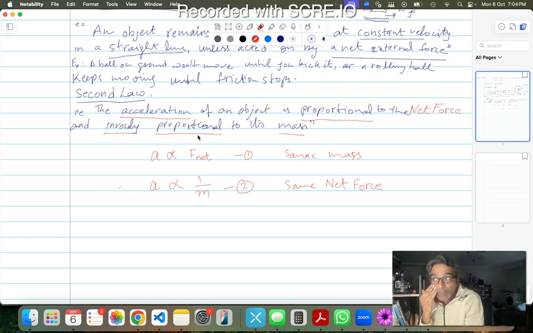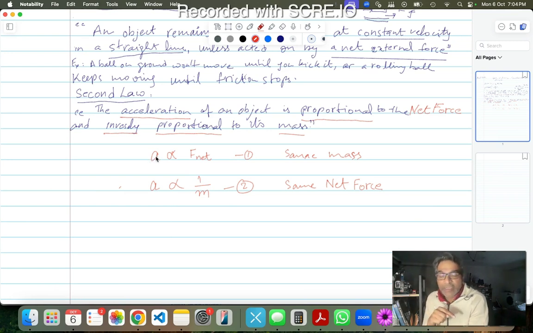Yes, that's the 1 over m. So if it is the same mass, a should be proportional to the F net. The more the force, the more the acceleration.